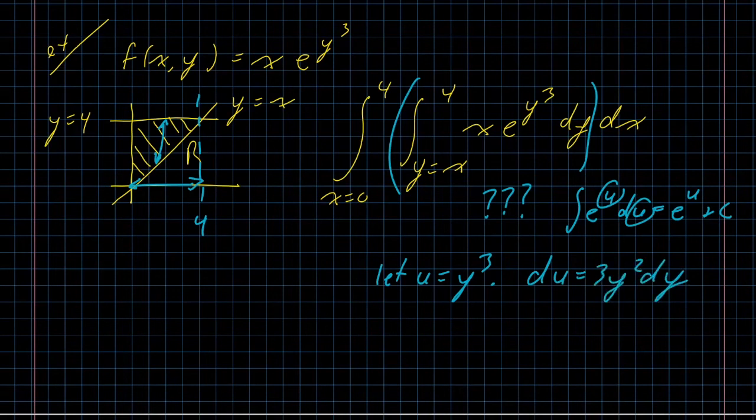If I try a substitution and let u equal y cubed, I'll get that du is 3y squared times dy, and I don't have an extra y squared to use. Although I do have an x. And having an x might just be convenient.